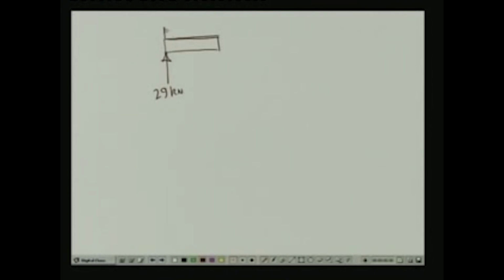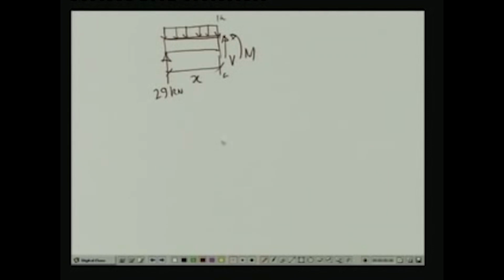We have the uniformly distributed load, which is 8 kilonewton per meter, and this is the distance which we call a variable distance x, and here we have the stress resultants V and bending moment M, and this is the section AA.